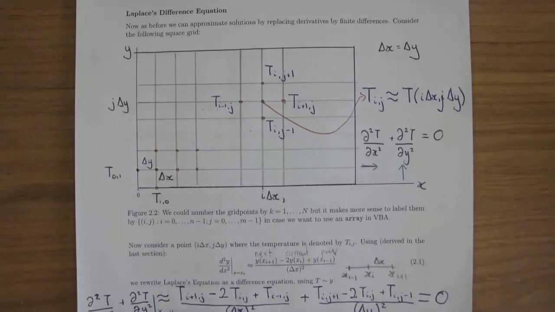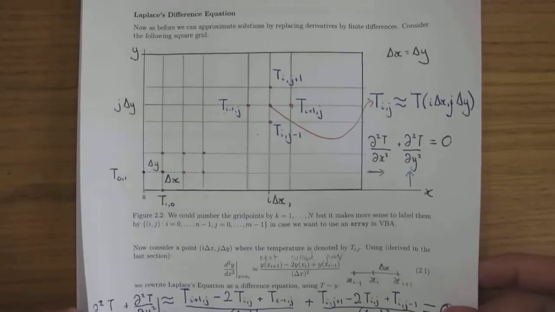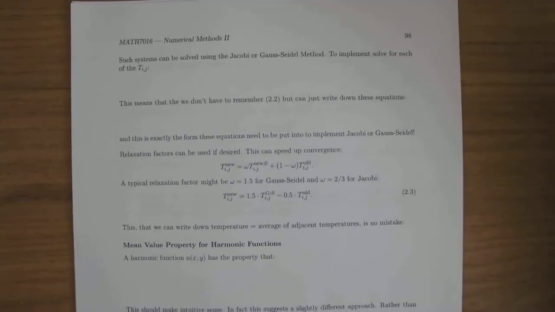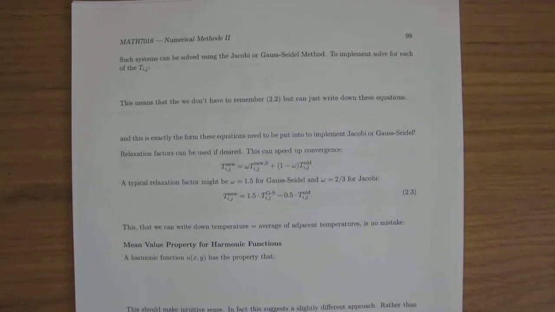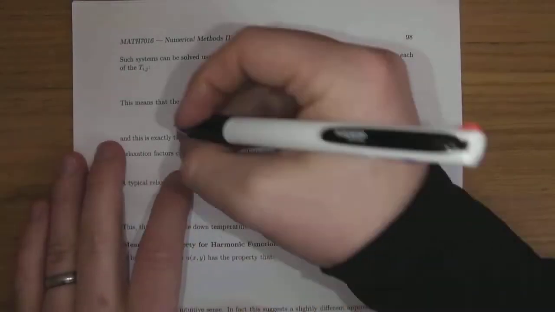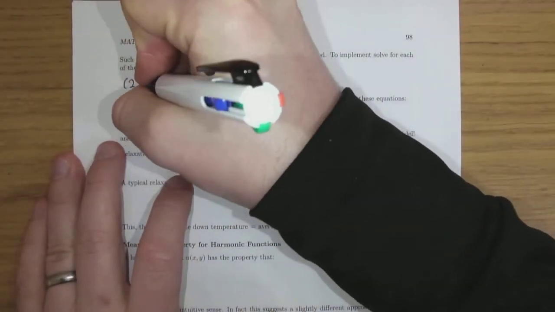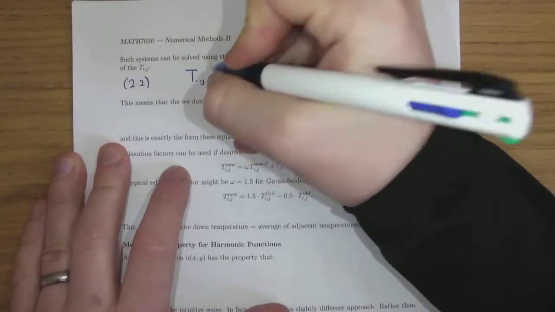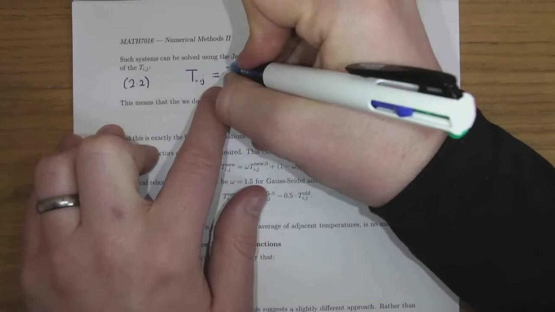Now we will see examples, so bear with me until then. As I said, such systems can be solved using the Jacobi or Gauss-Seidel method. So what you do is you solve for Tij. Going back to equation 2.2 on the previous page, I end up with Tij equal to, and we'll show what this means.